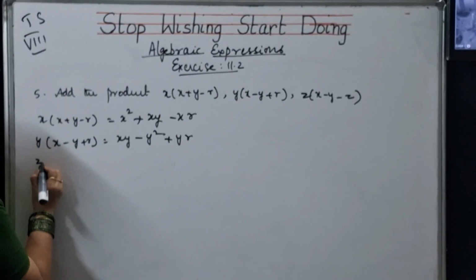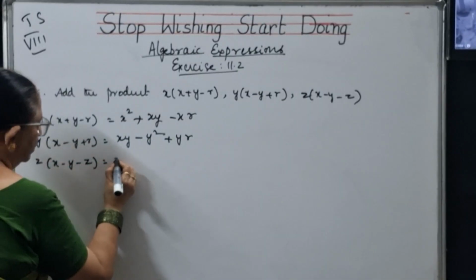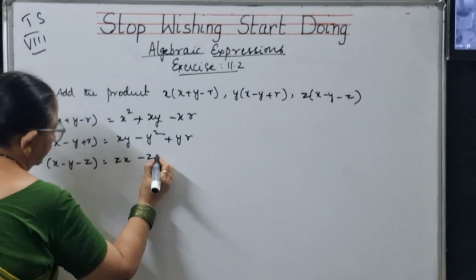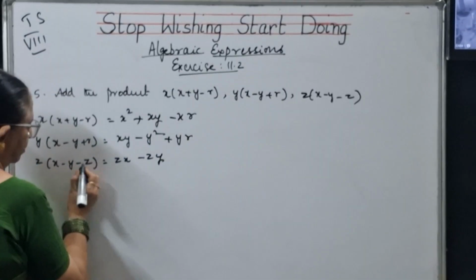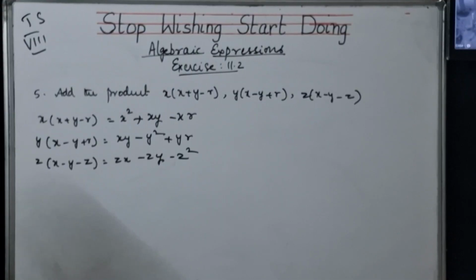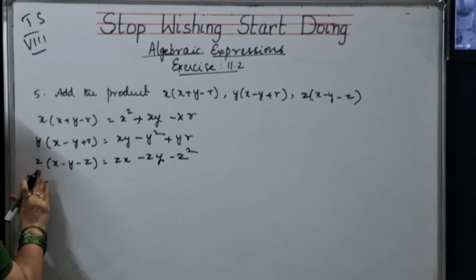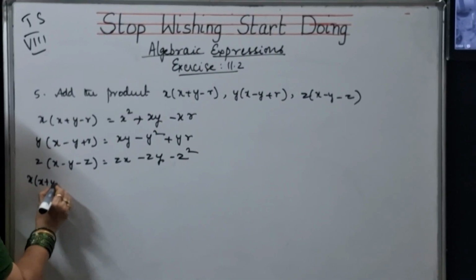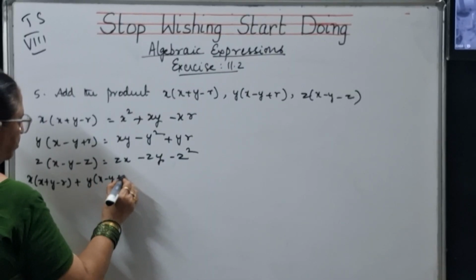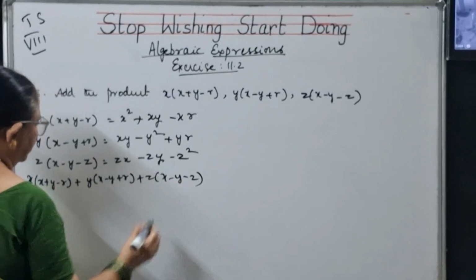Next, z into x minus y minus z. Z into x, zx, plus into minus minus, z into y, zy, minus into plus into minus minus, z square. So, you are supposed to add them. X into x plus y minus r plus y into x minus y plus r plus z into x minus y minus z.